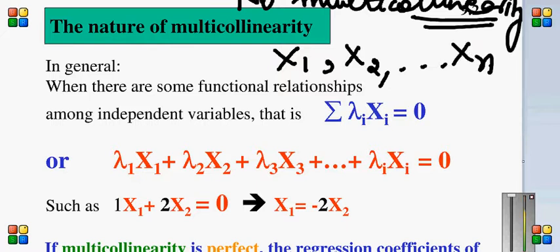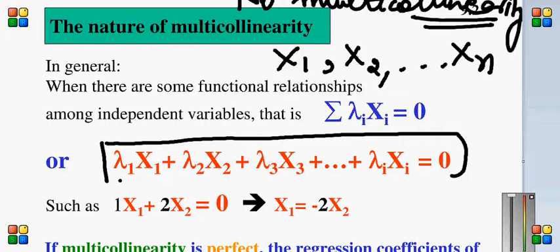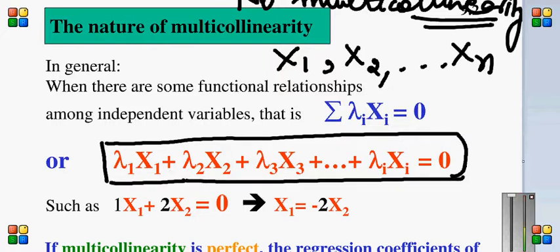Multicollinearity would mean that I have a relationship like this: lambda 1 x1 plus lambda 2 x2 and so on, plus lambda i xi is equal to 0. If I can represent this relationship, then I say that I have perfect multicollinearity.